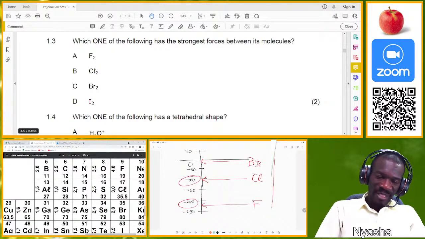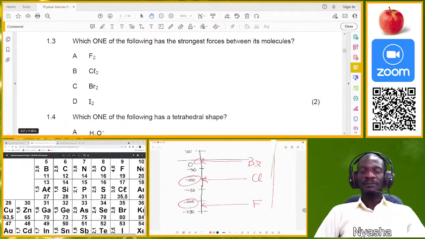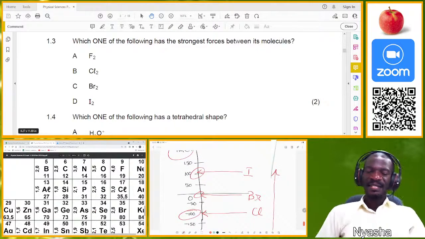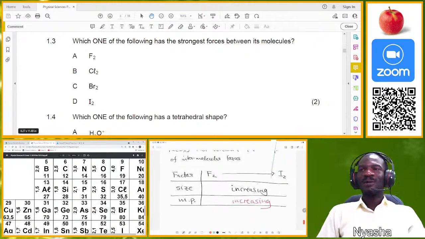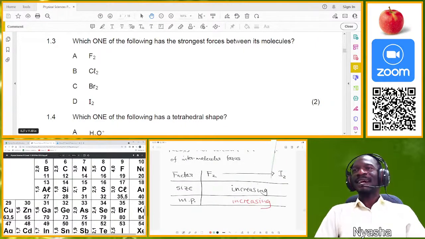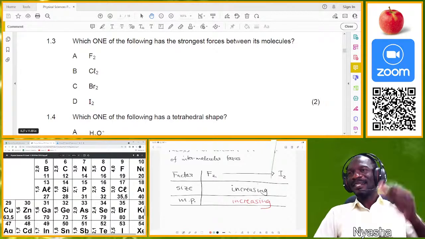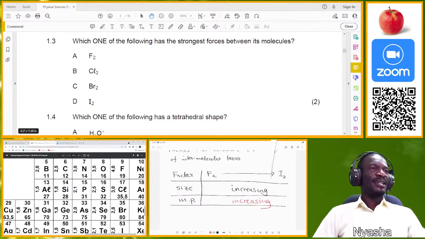We will also need to increase it again for bromine, and for iodine. So the intermolecular forces are strongest in iodine at the bottom there. So our answer in this case would be D.